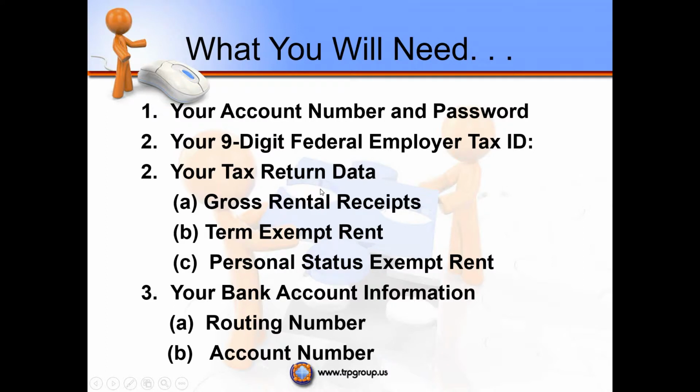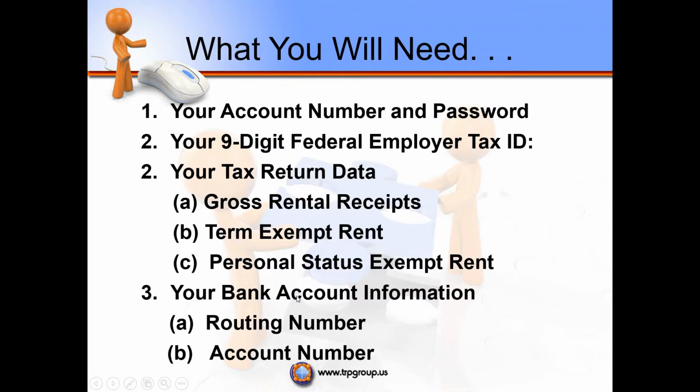And of course, you'll need the data for your tax return, such as your gross rental receipts, and the dollar amount of any rent that is exempt from taxation. This should be segregated into term exempt rent and personal status exempt rent categories. We'll cover this in more detail momentarily.